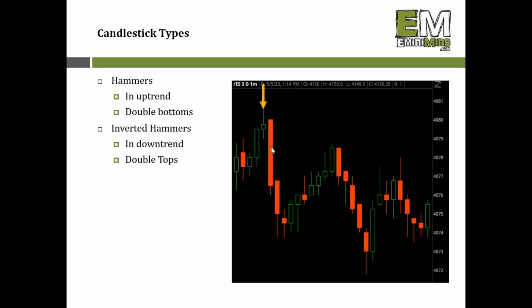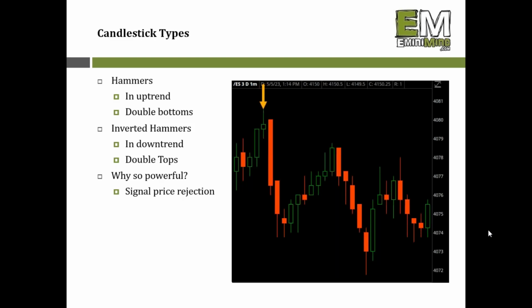But the hammer and the inverted hammer are really, really beneficial because what they're signaling is price rejection. So when you have a hammer candlestick, or in this case, since it's on the chart, an inverted hammer, price goes up and then it's rejected and then it comes all the way back down, in that bottom third of the candlestick, compared to a big body candle like the candle after the inverted hammer here, the big red bar, where price opens up and it's just sold all the way down and closes near the low.